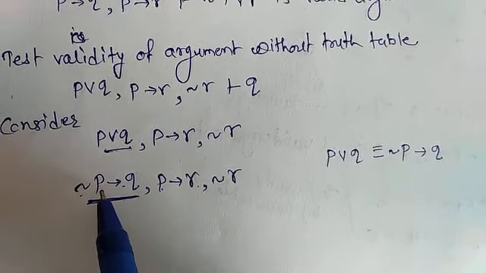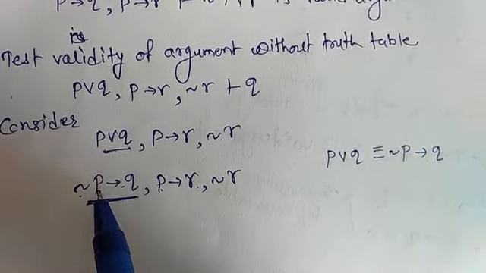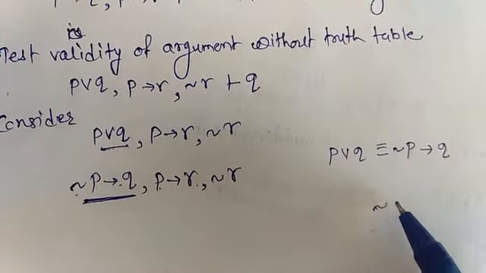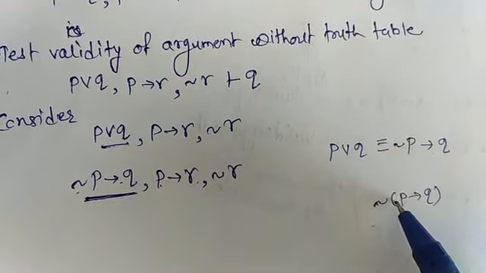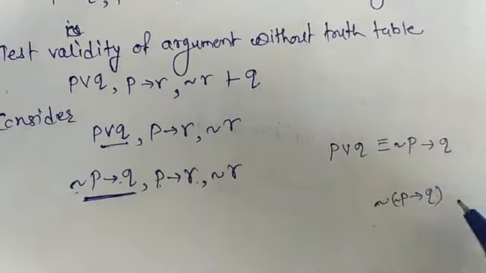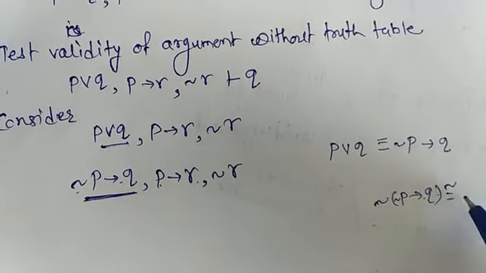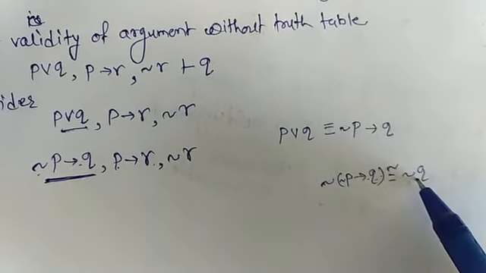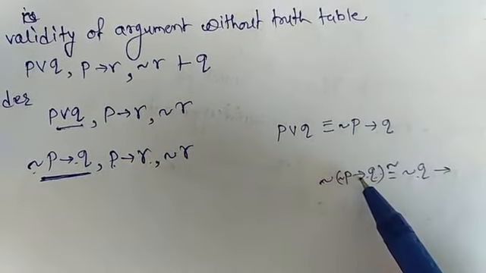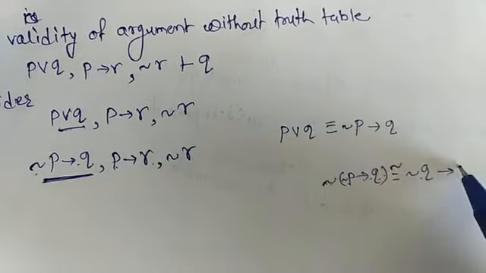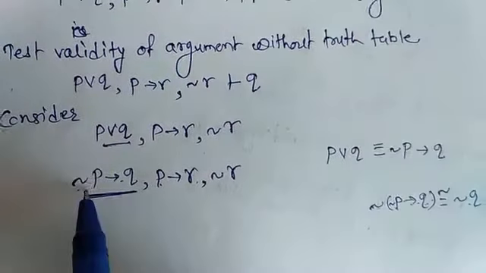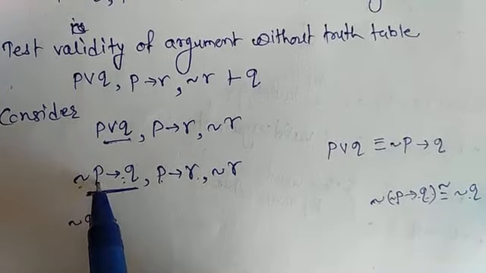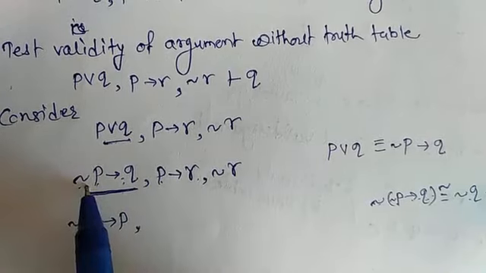Here we apply the negation rule. The negation of P implies Q: negation of P is equivalent to negation Q, and the second part Q, its negation will be negation Q implies, the implication stays the same, and negation of negation P will be P. So the negation of this part will be negation Q implies P, by double negation.